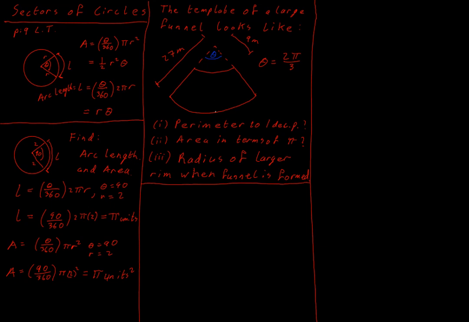So I need to name some stuff so I can start looking for it. I recognize that these are parts of circles, so I'm effectively dealing with two sectors. I have a little sector here, the bit that's missing, and then I have the larger sector going on out here. So this is going to be the arc length of the larger sector.